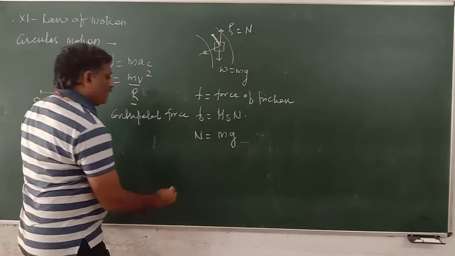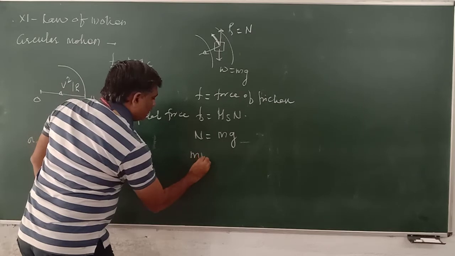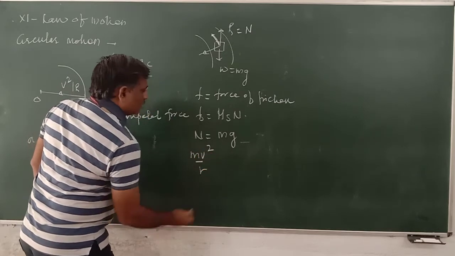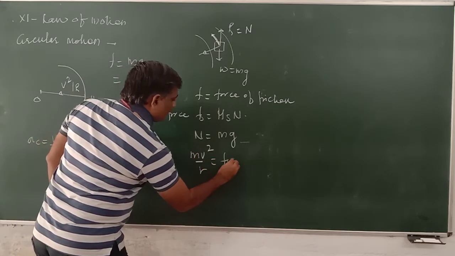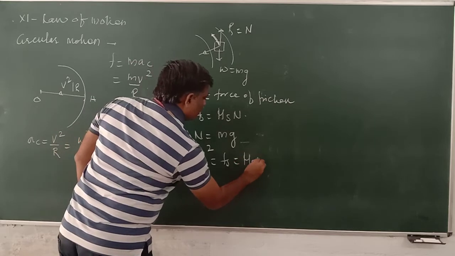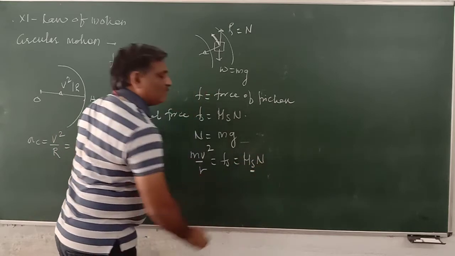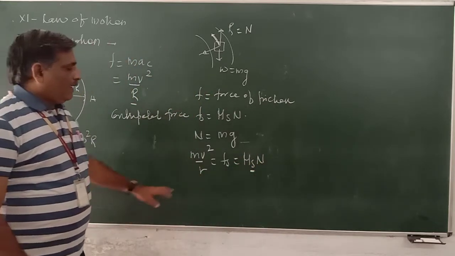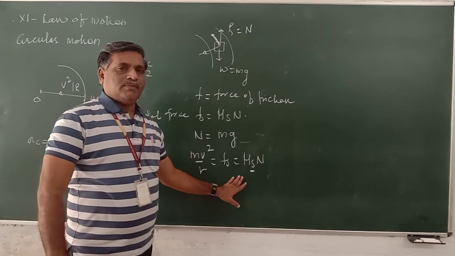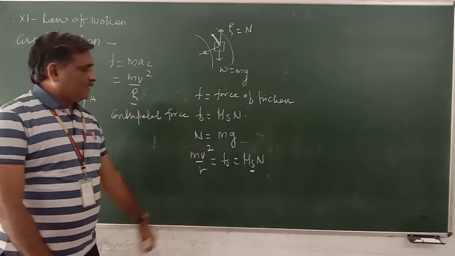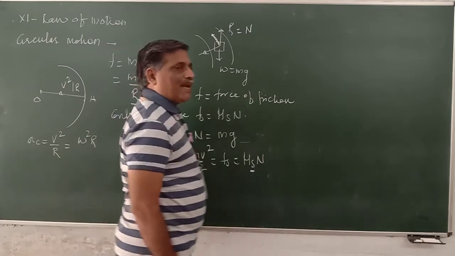So then, the centripetal force, we know, is mv square by r, which is equal to Fs, which is equal to mu s N. But this is the maximum one. It will always be the maximum, so the velocity becomes maximum.